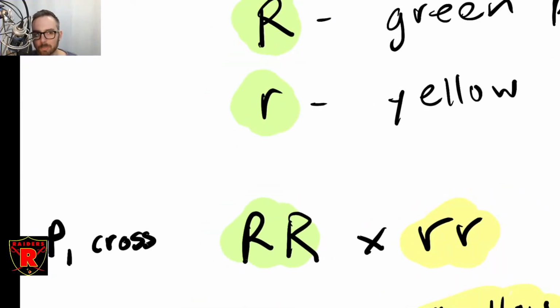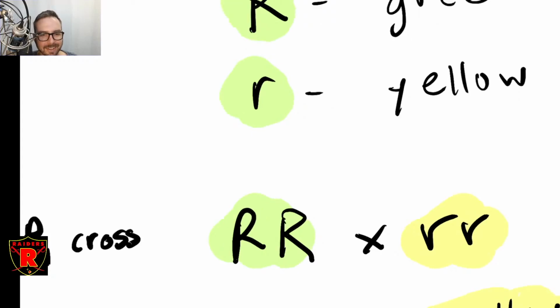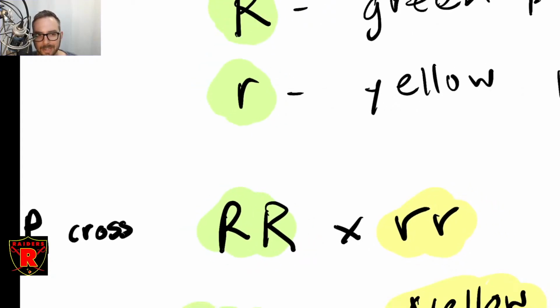And again, he didn't know much more than that, but that's a purebred. A purebred means that no matter what you do, you always get green. Okay? And so he took plants like that were always breeding green.